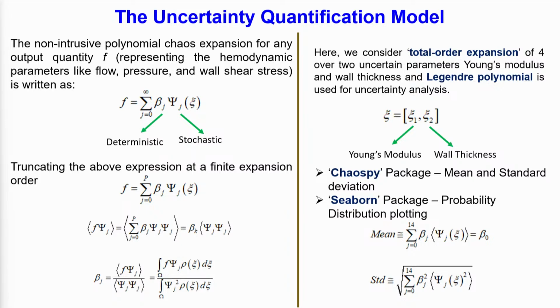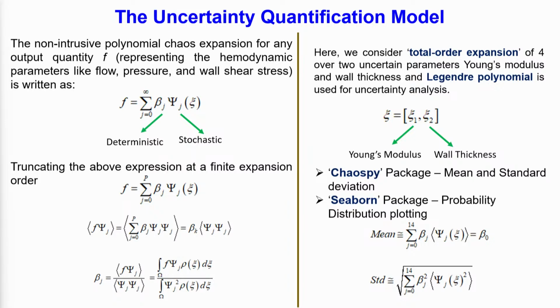And typically once you get these expressions for f, the expressions for f will then be sensitive to the uncertainties in the Young's modulus, the Poisson's ratio, and wall thickness. So that will be a range of data depending on the variations in zeta 1 and zeta 2.